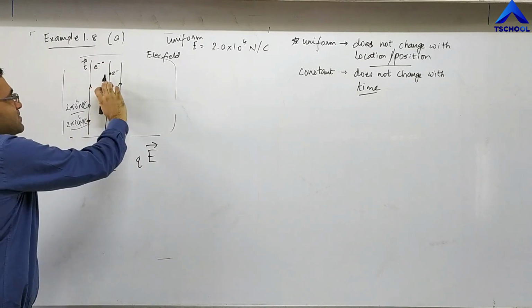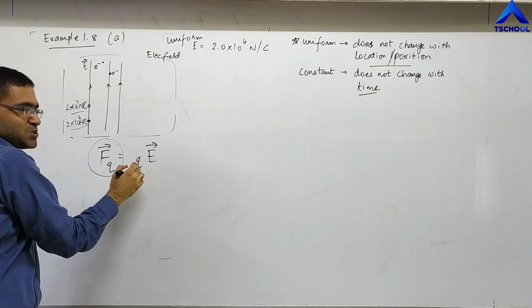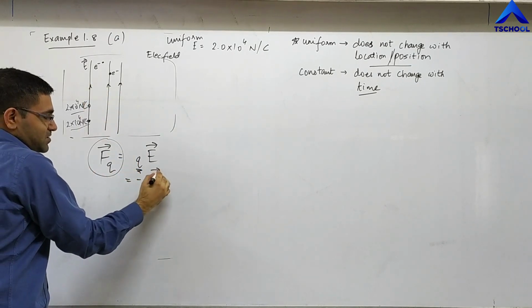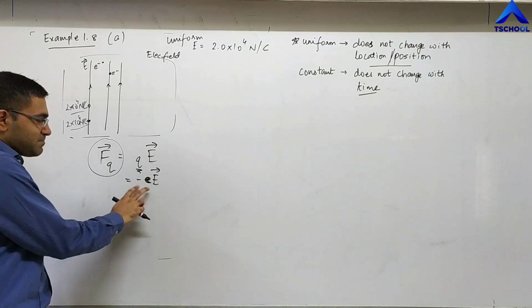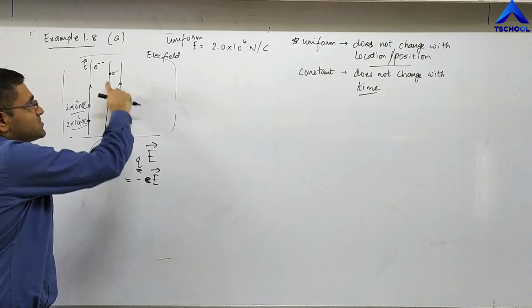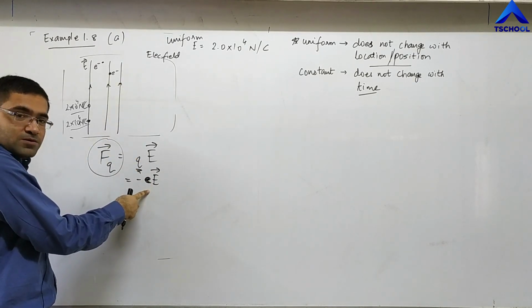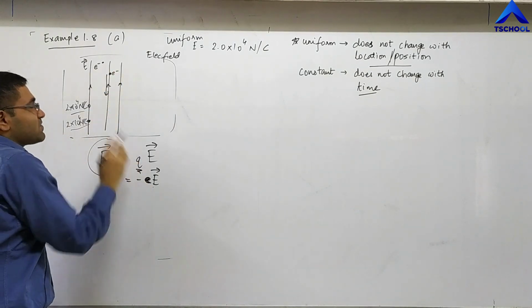So the electric field at this point is upwards, and the force acting on this charge will be downwards because the charge is negative. I hope you realize what I have written over here. Minus E vector, because the charge of the electron is negative e. Understood? So the force on this electron is downwards because the electric field is upwards.